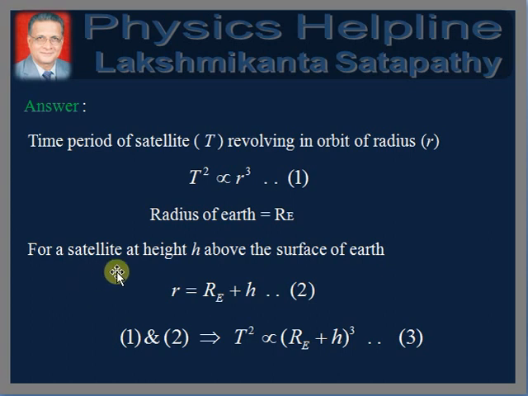Therefore, for a satellite at a height h above the surface of the Earth, the radius r will be equal to RE plus h. So, using equation 1 and 2, we get t square is proportional to r cubed, which is equal to RE plus h whole cubed.